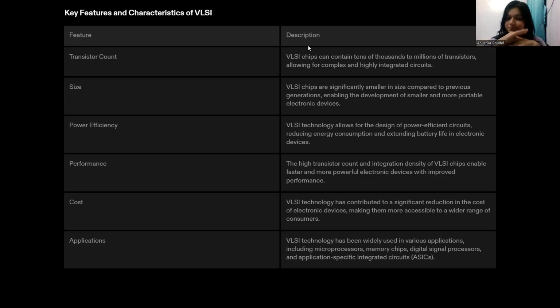The cost: VLSI technology has contributed to a significant reduction in the cost of electronic devices, making them more accessible for a very wide range of consumers. The applications: it has been widely used for various applications like microprocessors, memory chips, digital signal processors, and application specific integrated circuits, also known as ASICs.